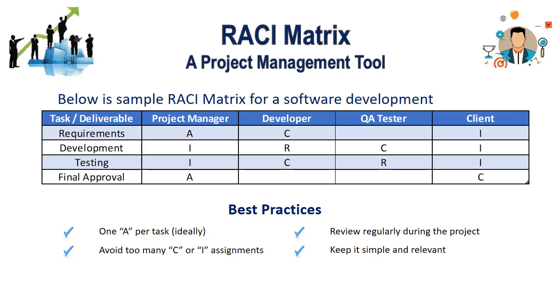Now let's understand each stage of the project. First is requirement. So here you can see we have put client as an I. So here the client will inform us or tell us their pain areas, their basic requirements to resolve those pain areas.